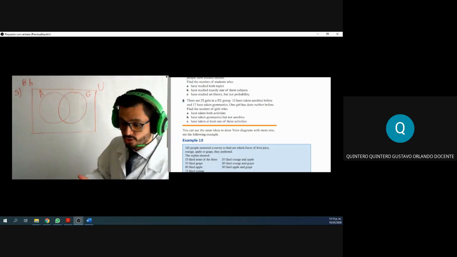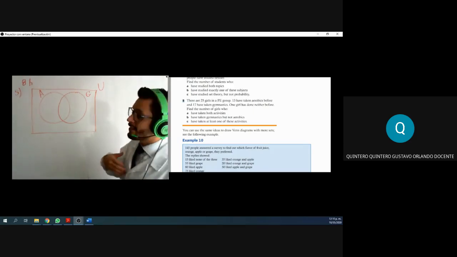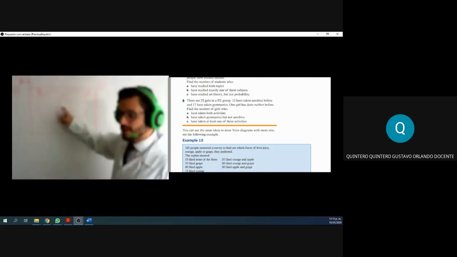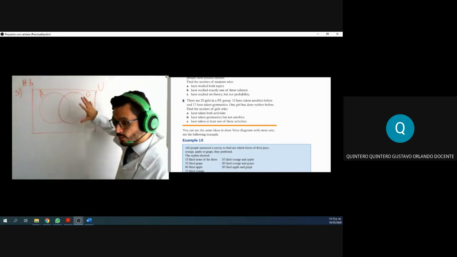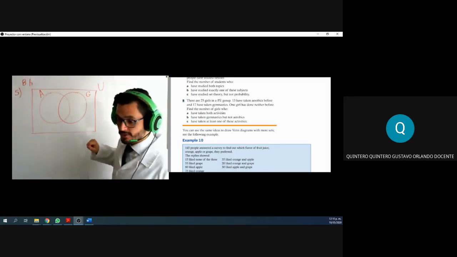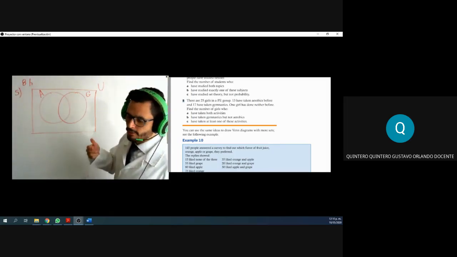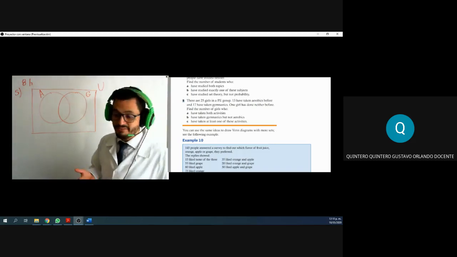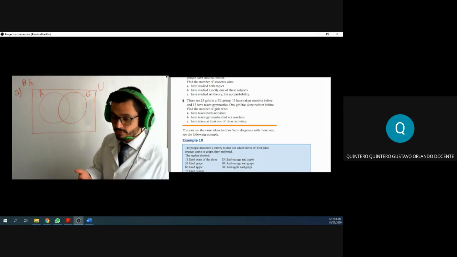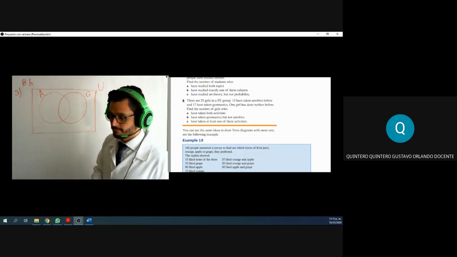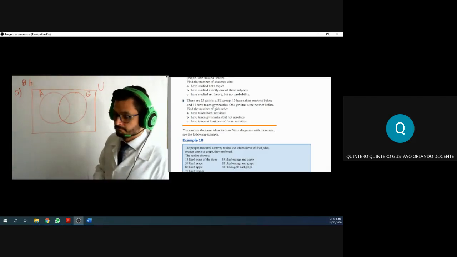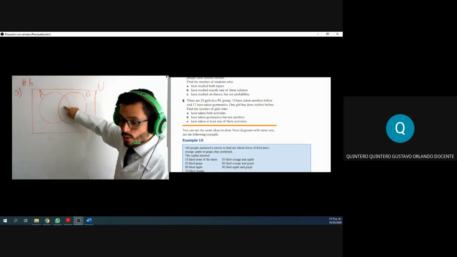Again, as usual, I advise you to fill out the information from the inside out. Always begin with the intersection. The problem here is that we don't have the information of the intersection. 13 people have taken aerobics and 17 have taken gymnastics. We don't have the ones who have taken both.